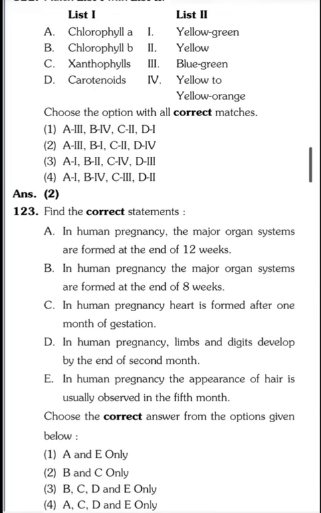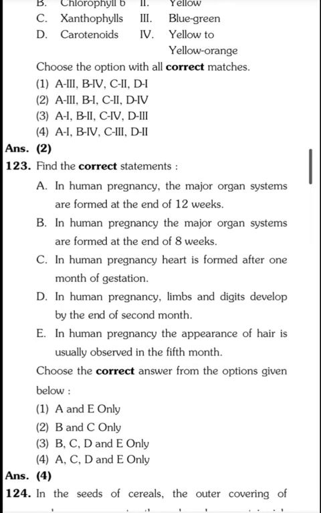Again they have asked one more question from human reproduction. In human pregnancy, the major organ systems are formed at the end of 12 weeks. This is a correct statement. In human pregnancy, the major organ systems are formed at the end of 8 weeks. This is wrong. It is only after 12 weeks. In human pregnancy, the heart is formed after 1 month of gestation.